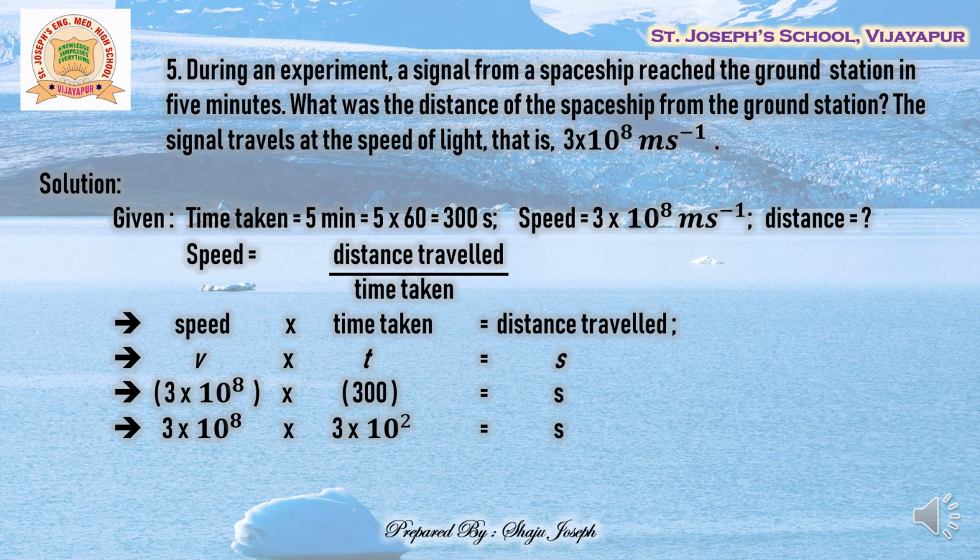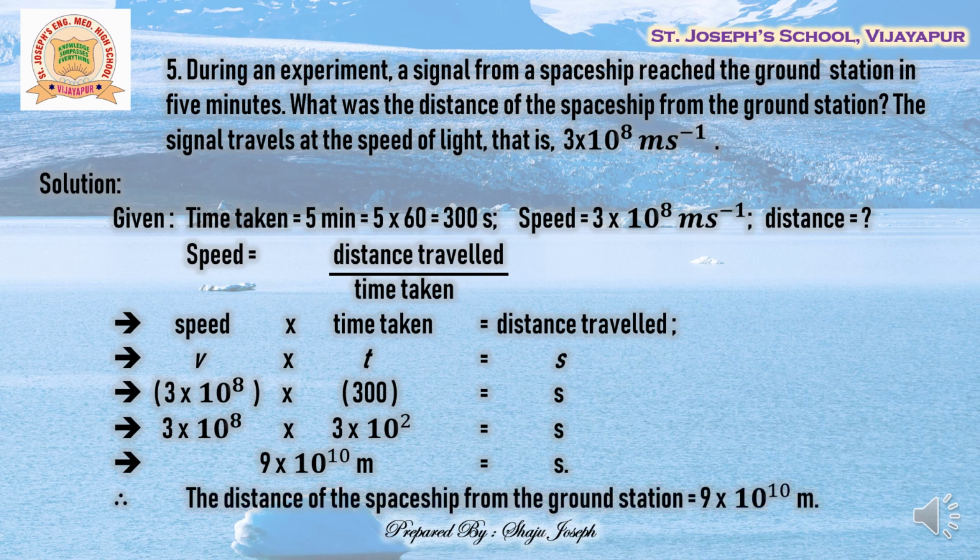Now 3 threes are 9. 10 to the power 8 into 10 to the power 2 can be clubbed together and written as 10 to the power 10 by using the indices law of a to the power m into a to the power n is equal to a to the power m plus n. So the final answer becomes 9 into 10 to the power 10, but the SI unit of distance is meters, so we'll write it in meters.